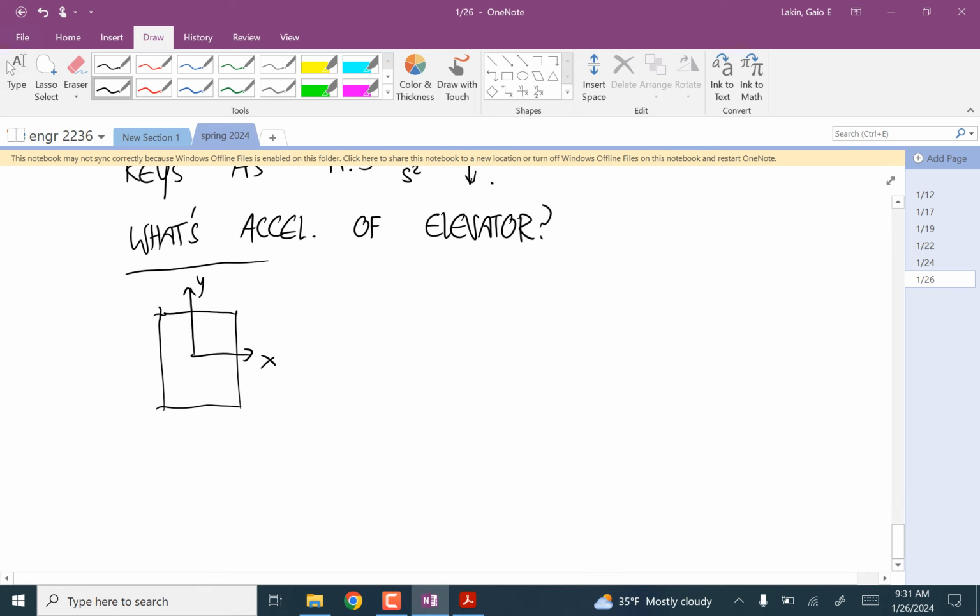And what do we know? We know the acceleration of the keys relative to the ground. If it wasn't a camera fixed to the elevator watching this, but it was a camera fixed to the ground and everything was glass or whatever, we know that this acceleration would be 0, negative 9.81.